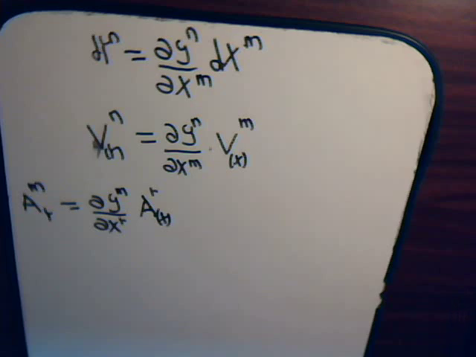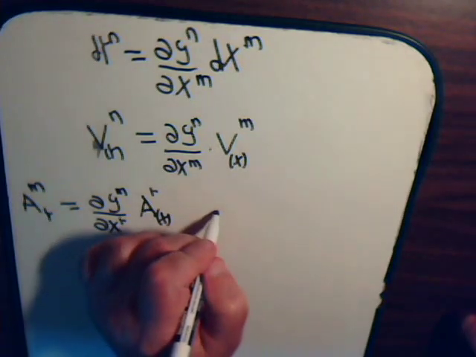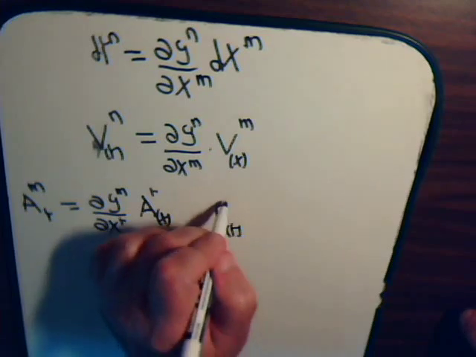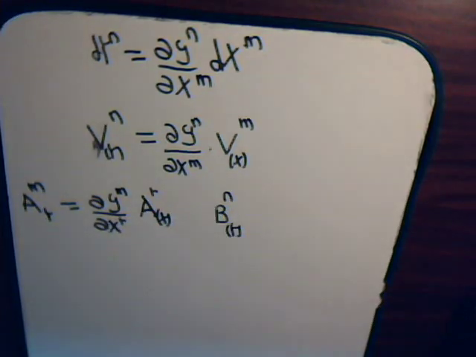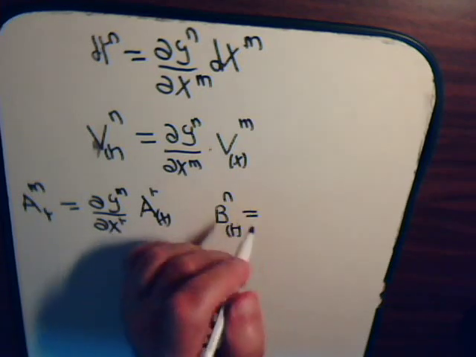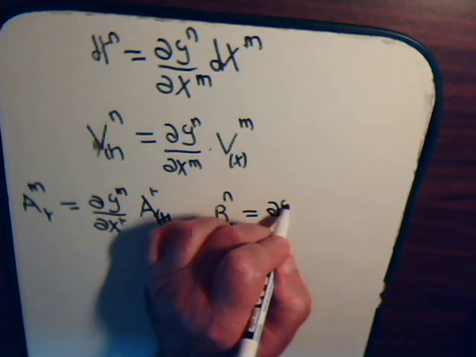Okay, and let's say we have another contravariant vector in the y frame. And how does that transform? It's going to be entirely analogous, of course. We're going to have something like this.